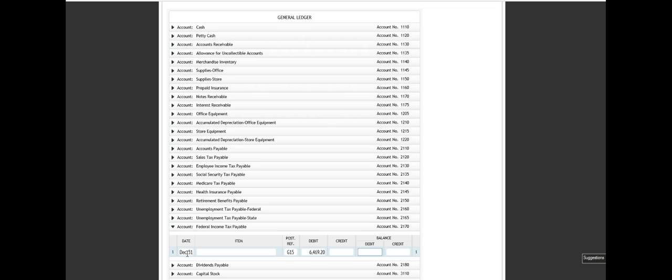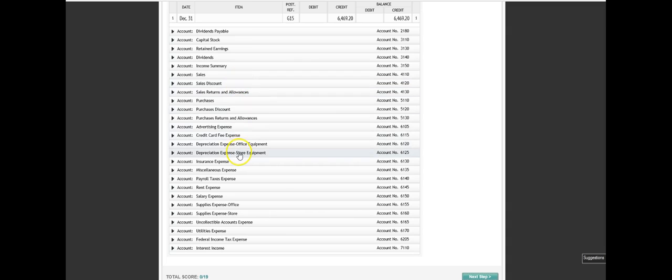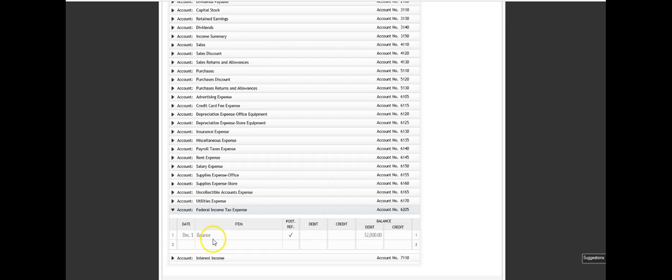Federal income tax payable. Make sure I'm doing that right. Yep, it's a credit though. 6469.20. And then federal income tax expense. There it is. This one's going to be the credit. Or I mean the debit, my bad.